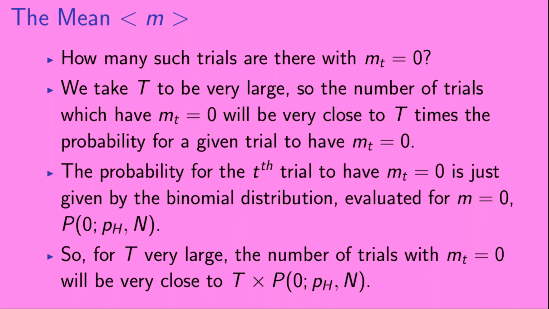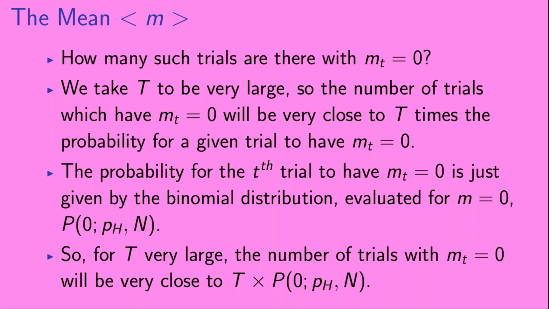We take t to be very large, so the number of trials which have mt equal to 0 will be very close to t times the probability for a given trial to have mt equal to 0. Now, the probability for the tth trial to have mt equals 0 is just given by the binomial distribution evaluated for m equals 0. So p of 0 given ph and n.